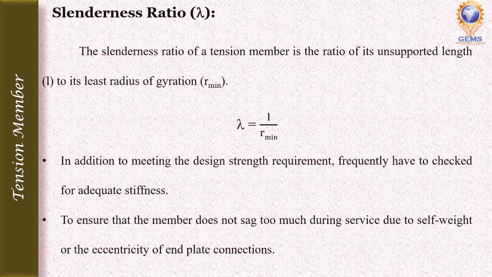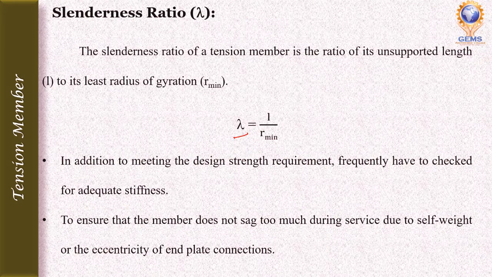Then the next important parameter is slenderness ratio. The slenderness ratio is defined as the ratio of the unsupported length of a tension member to its least radius of gyration. Lambda, that is slenderness ratio, is equal to L by r minimum.